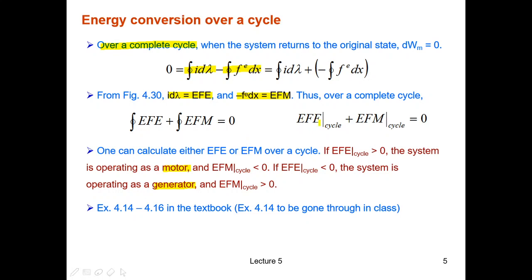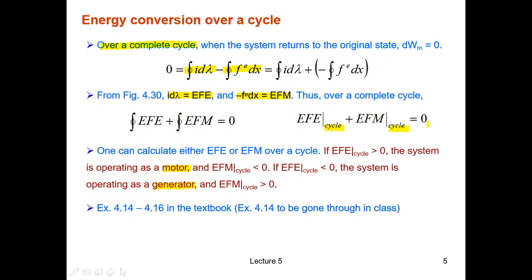So we can say: EFE over a cycle plus EFM over a cycle is 0. So once we calculate it, we can say that EFE over a cycle will be minus EFM over a cycle.